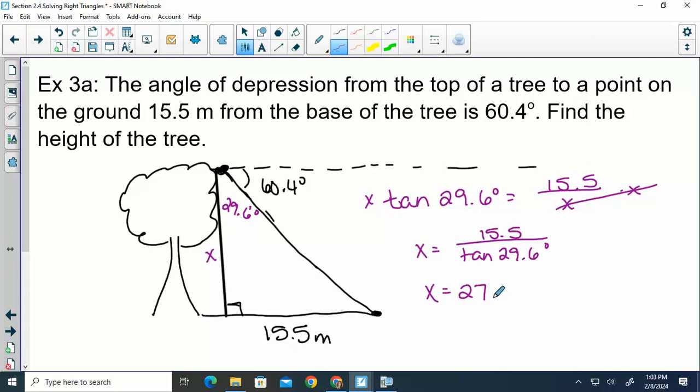How many significant digits in this problem? So if I round this to 3, it would be 27.3 meters.